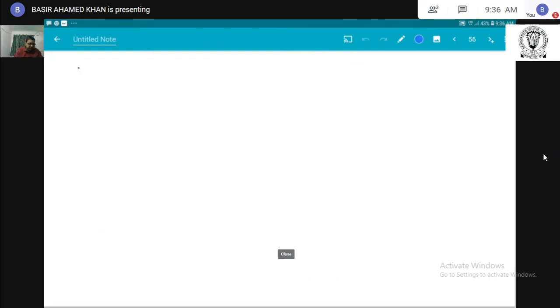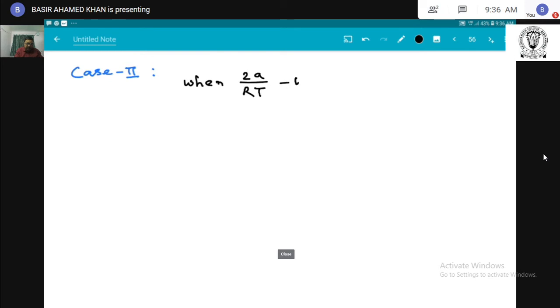And when 2a by RT minus b is less than 0, case 2, that is T greater than 2a by Rb, then mu is negative, less than 0.